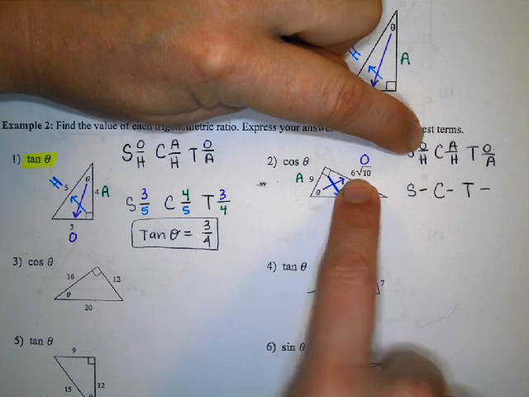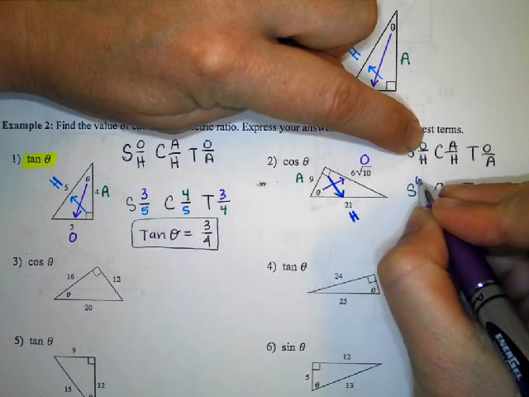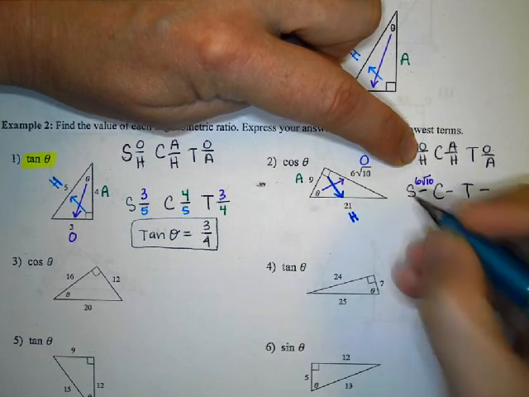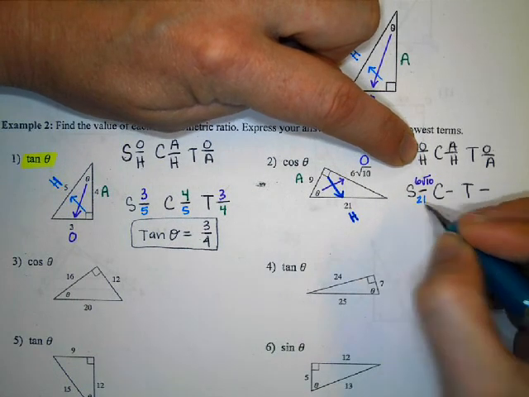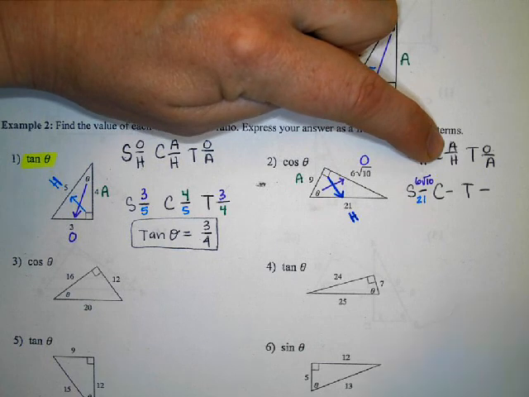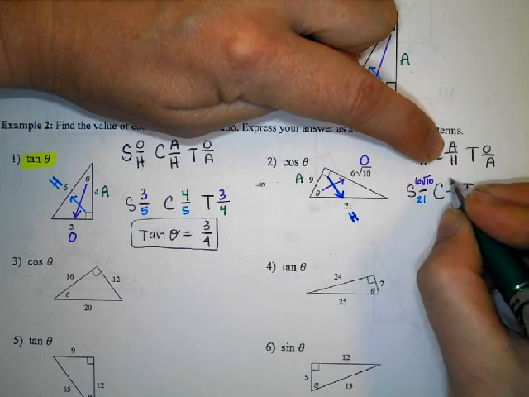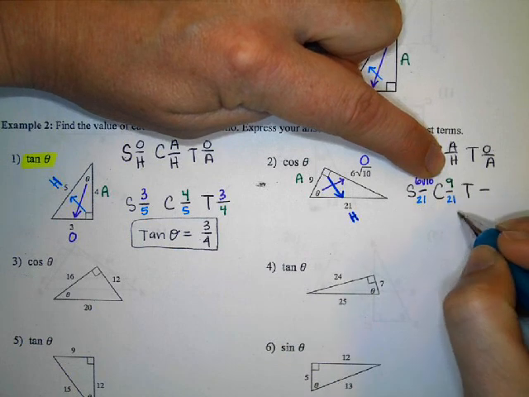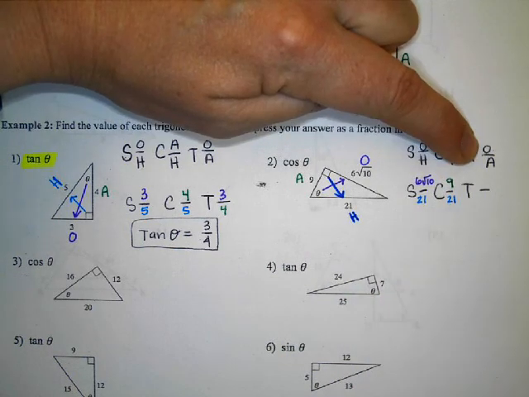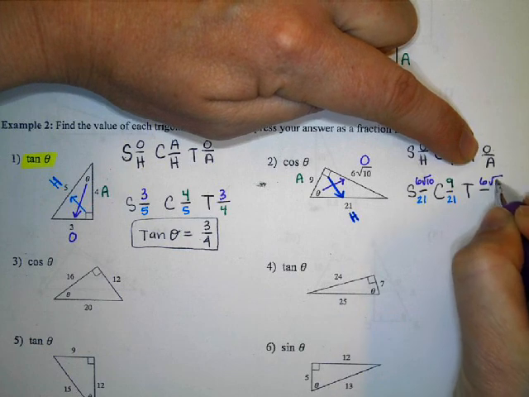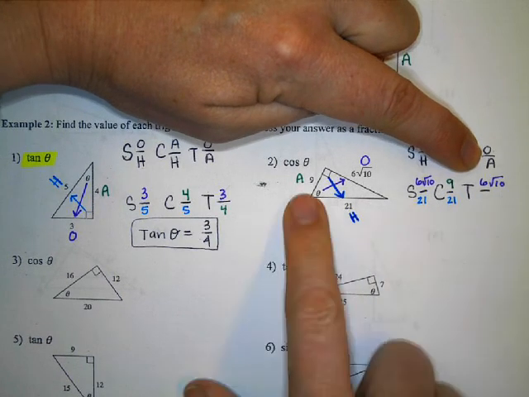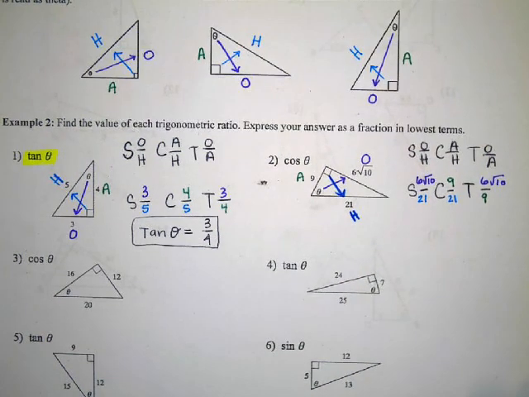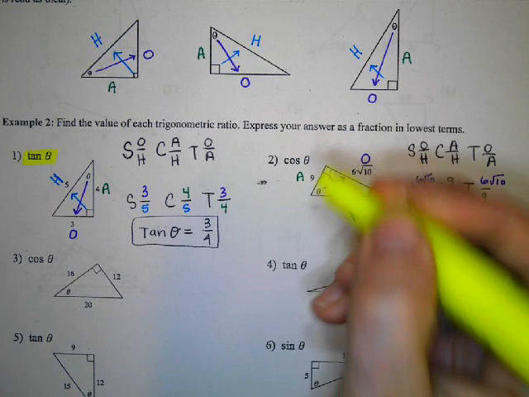O is 6 root 10. H is a 21. A is a 9. I check to see which one it wants.